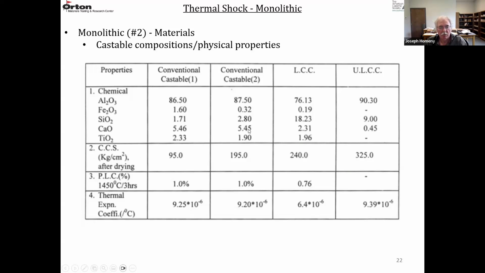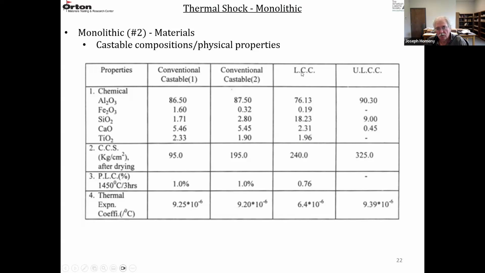That's from the calcium aluminate cement. And then some of the alumina here is not alumina, but it's part of the calcium aluminate cement. So going from the conventional castable, about 5.5% lime, lowering the cement content drops this to 2.31% lime. And then the ultra low cement castable is all the way down to 0.45% lime. So much lower cement content.